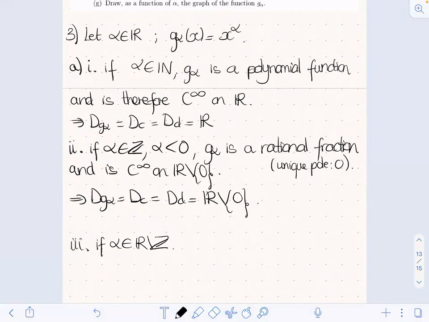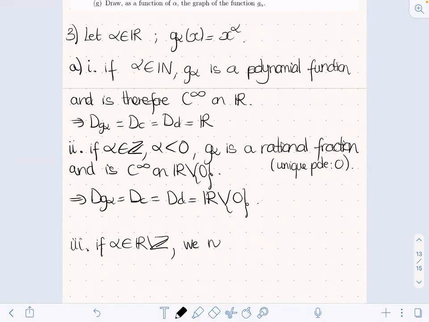How can we rewrite x to the power alpha in that case? Okay, exponential of alpha log of x. Yeah, absolutely.